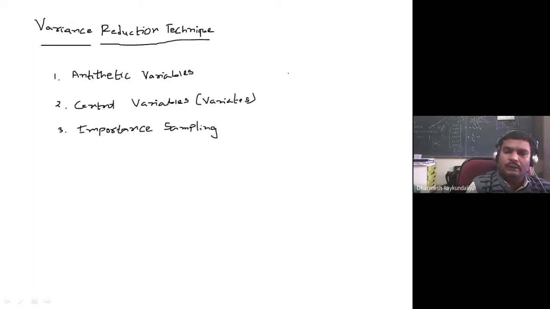And when it is very close to its true value, it means that the variance is lesser. That means whatever estimate you obtain is an efficient estimator. And we know that an estimator which has the lower variance among the class of all estimators, we call an efficient estimator.